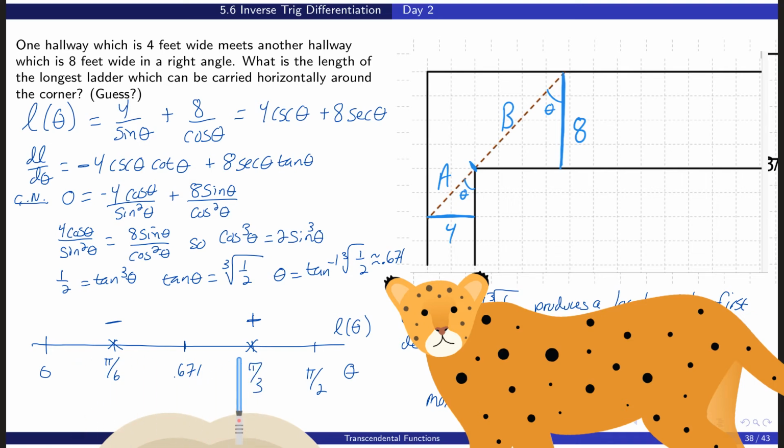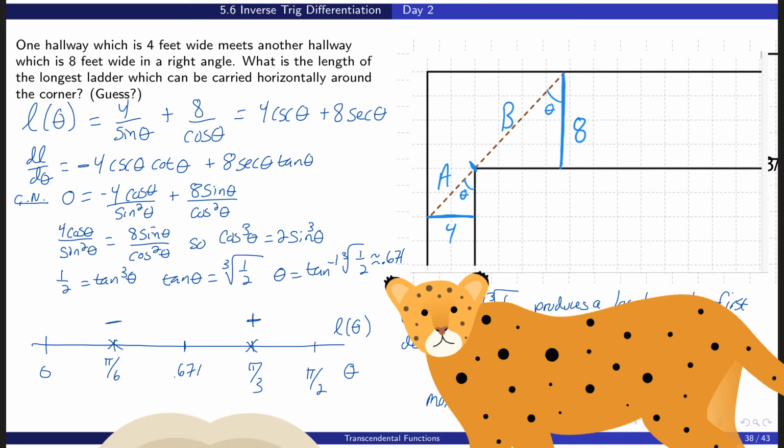I plugged those into the length function. So I plugged in pi over 6 for sine, pi over 6 for cosine, using my calculator, and found out that that was negative and this is positive. Therefore, the length is decreasing then increasing. So the minimum length is at 0.671. So as I go around this corner, the angle that produces the minimum length is 0.671.